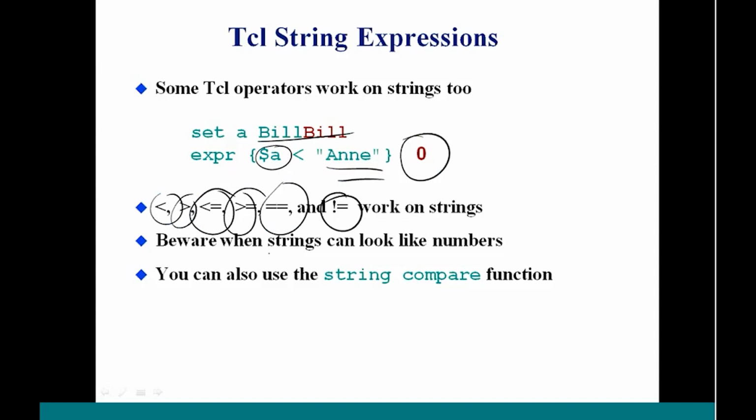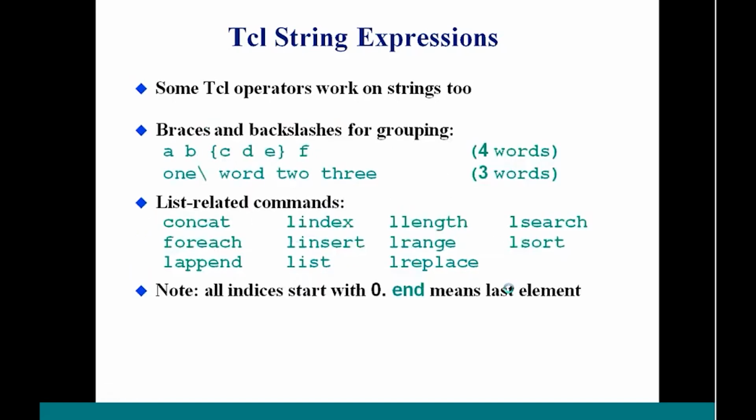The only thing is, you have to caution yourself when the strings can also look like numbers. In general, Tcl is always generating strings. So when it is generating a number, it can be just a string. And you can also use the string compare function to compare any strings.